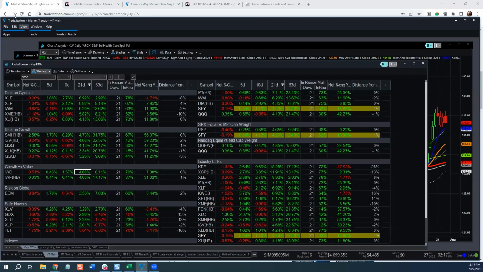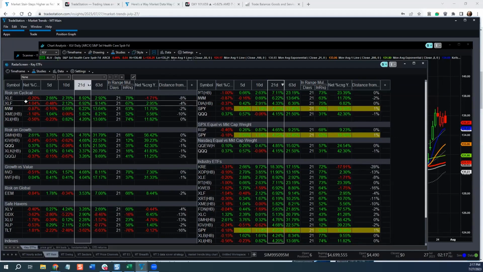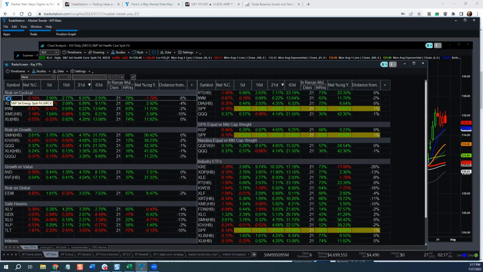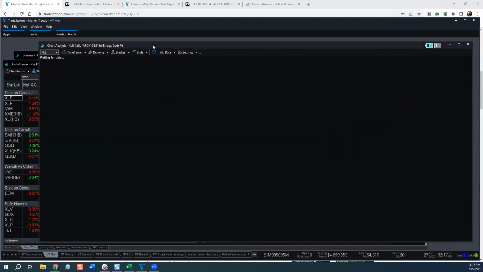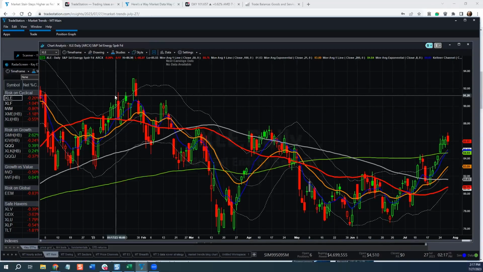The way that I have created this to be used, if you don't know, is you can look at different time frames. In a trailing 1 month, you can see these are the areas that have been strong, and then there's other areas that have been lagging. It is interesting to see energy, and we were talking about the underlying improvement of energy fundamentals here. Tomorrow we have Exxon and Chevron reporting earnings.